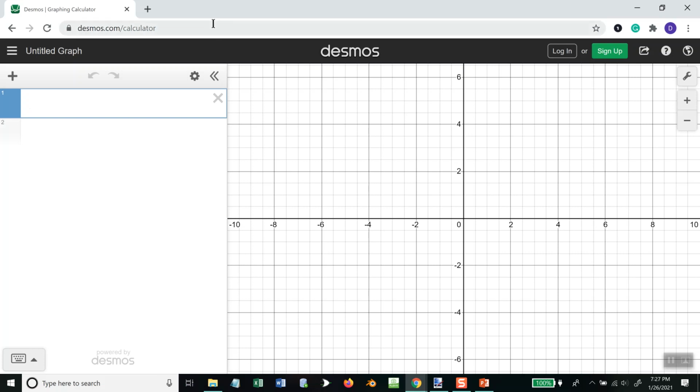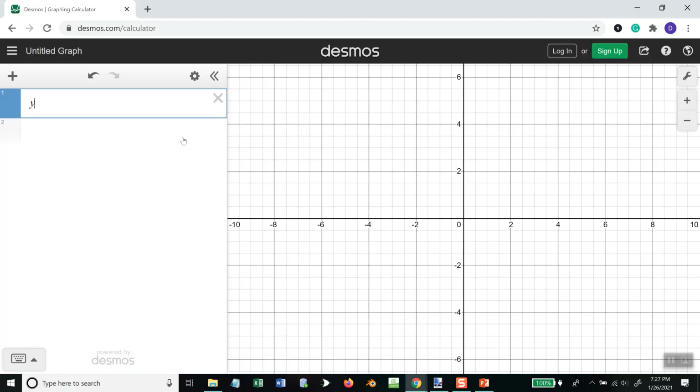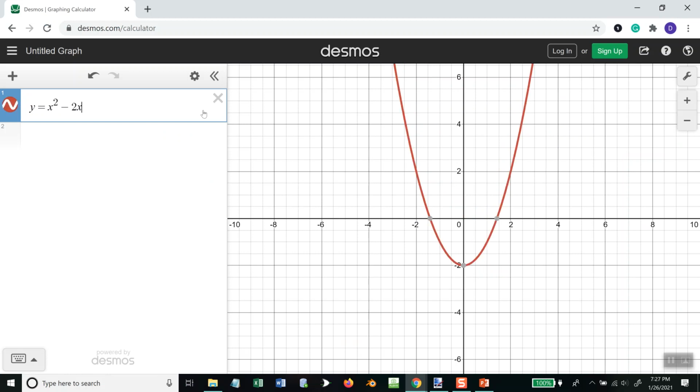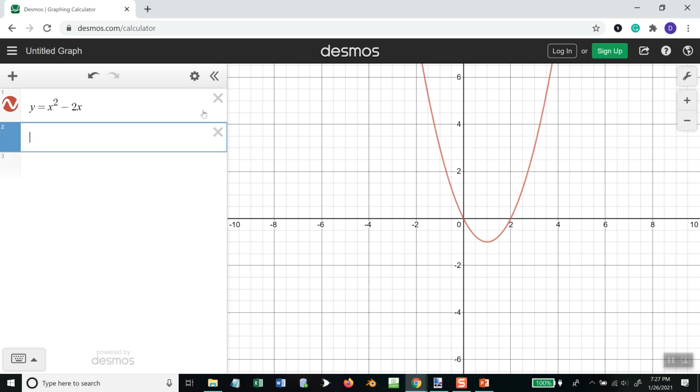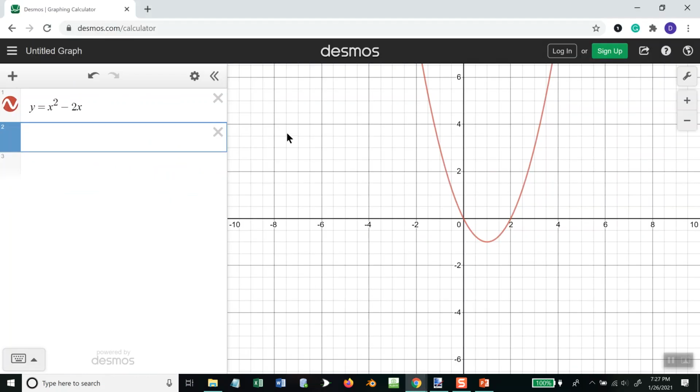So now, if you haven't seen this, I'm going to show it. This is especially handy to see what's above and below. So y equals x squared minus 2x. Do a down arrow. And then y equals 7x minus 8.